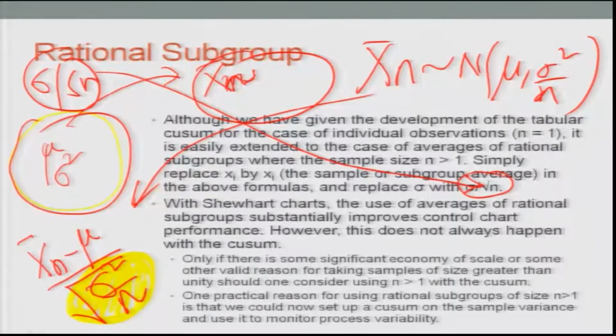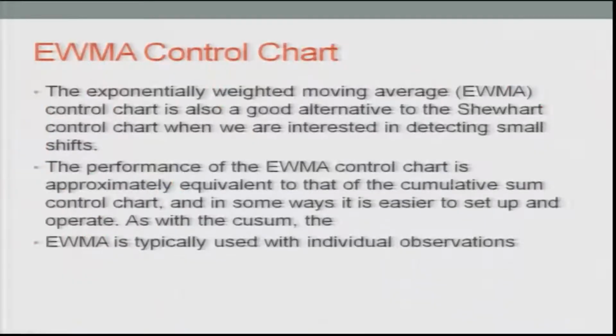One practical reason for using rational subgroups of size n greater than 1 would be that we could set up a CUSUM on the sample variance and use it to monitor the process variability. So, we are trying to utilize the sample variance and monitor the fluctuation on a scaled note, such that normalization gives us much better information on how the control charts are done.